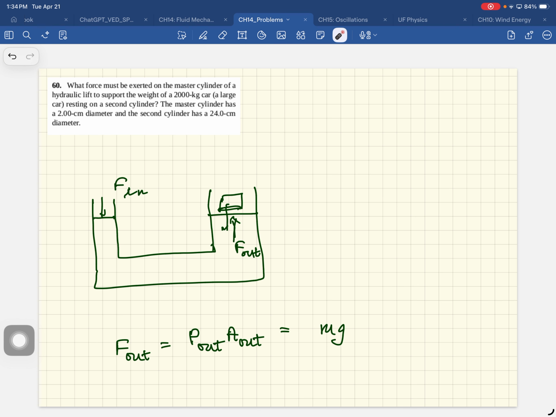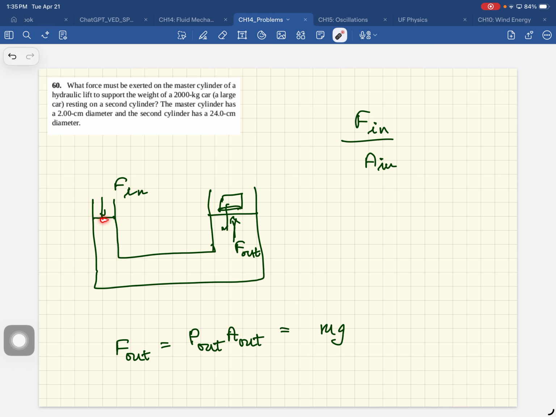The diameter is 24 centimeters, so the output radius is 12 centimeters. So this ratio is 1/12 squared, so this is 1/144 mg. So you see the input force is 1/144 the weight you're lifting in this device.